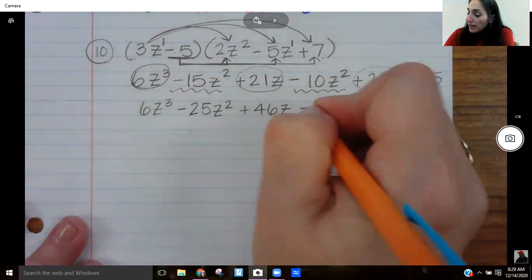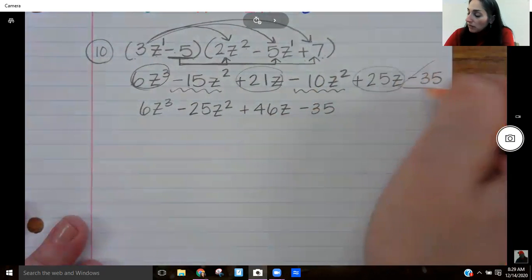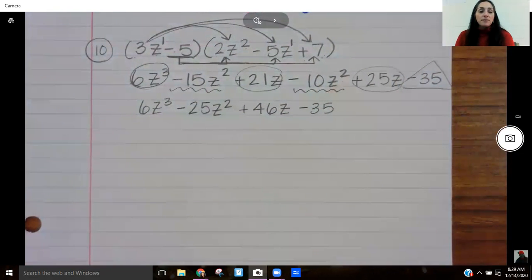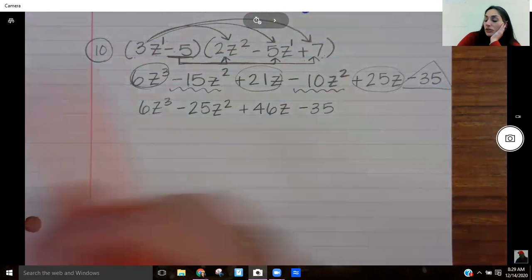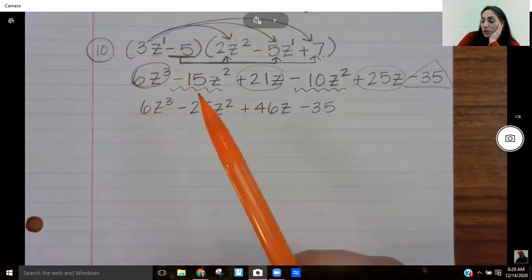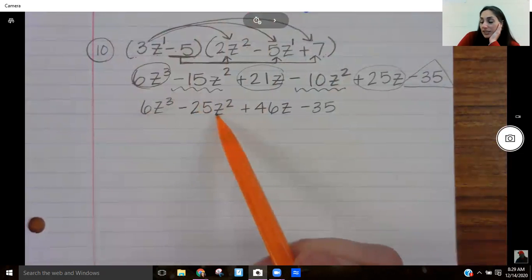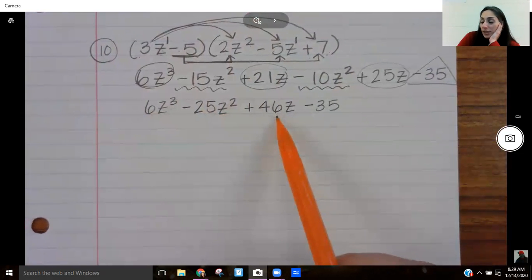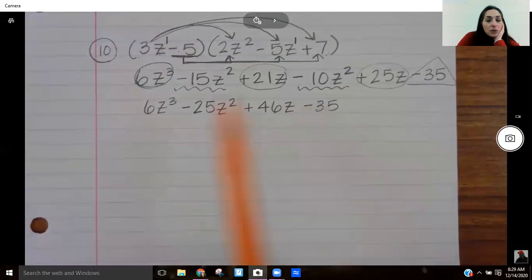And then this little minus 35 all by himself is all just going to be at the end. Okay, so your answer is 6z cubed minus 25z squared plus 46z minus 35.